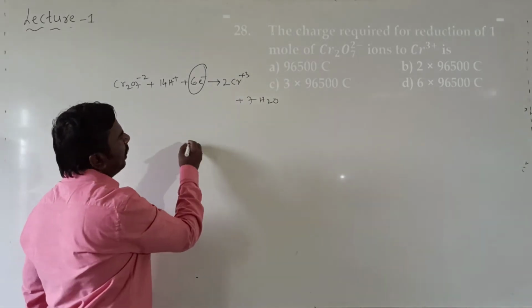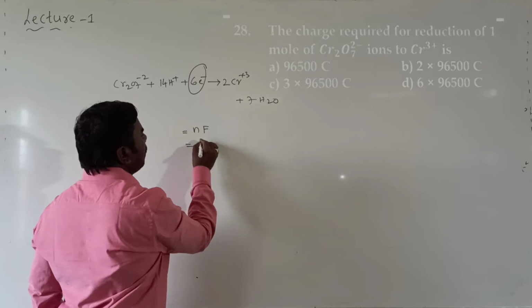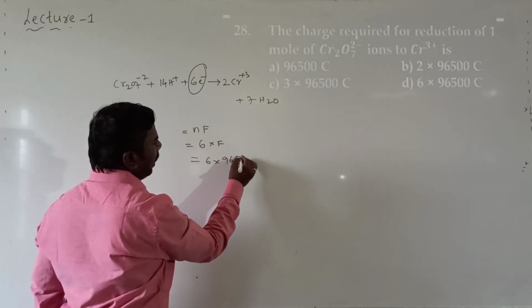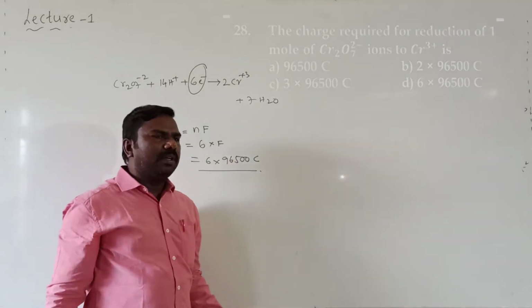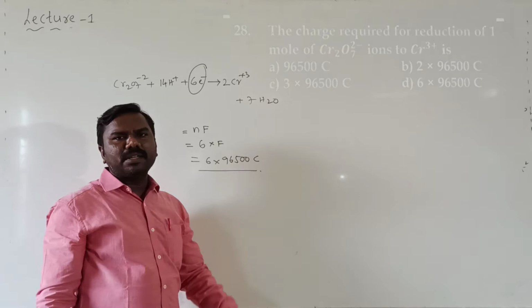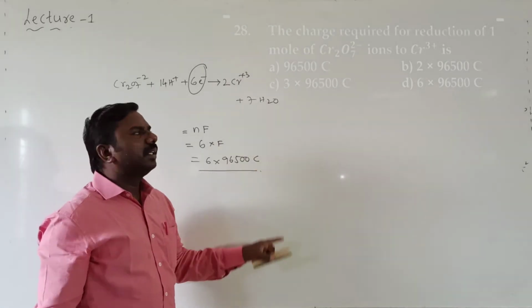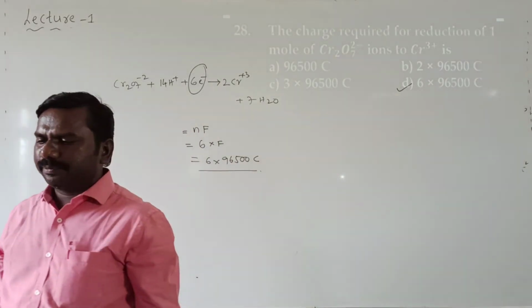So charge will be nF, that is 6 into F, equal to 6 into 96500. 1 mole of electrons has charge equal to 1 Faraday, that is 96500 coulombs. So here 6 moles are required, that's why 6 into 96500 coulombs. Next one.